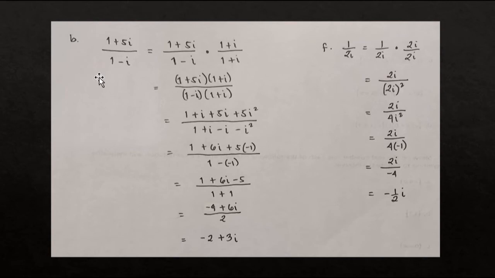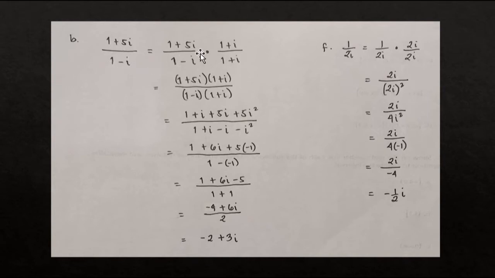Okay, next we have 1 plus 5i all over 1 minus i. So, first thing to do to simplify this is to rationalize it. We cannot have an imaginary number in our denominator.